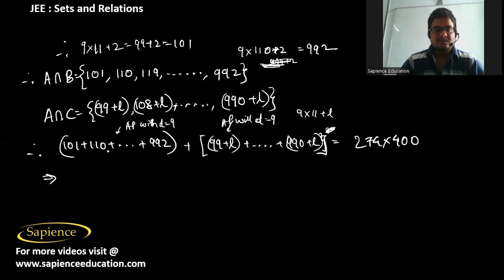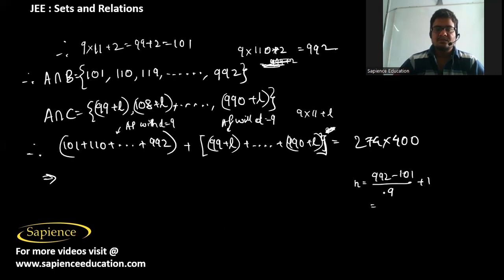So here we have 101 as the first term, and how many terms do we have to find? The nth term is equal to a plus n minus 1 into d. So n will be 992 minus 101, by 9, plus 1.